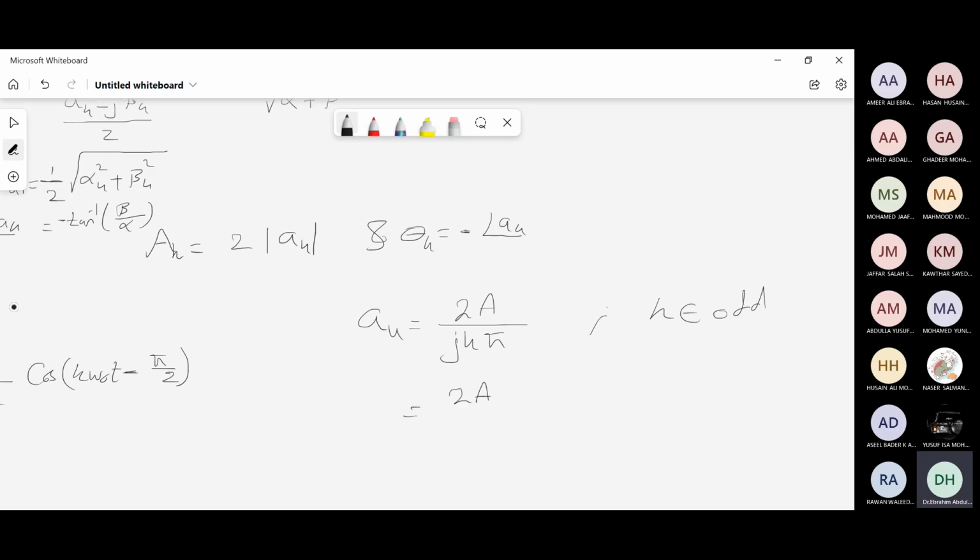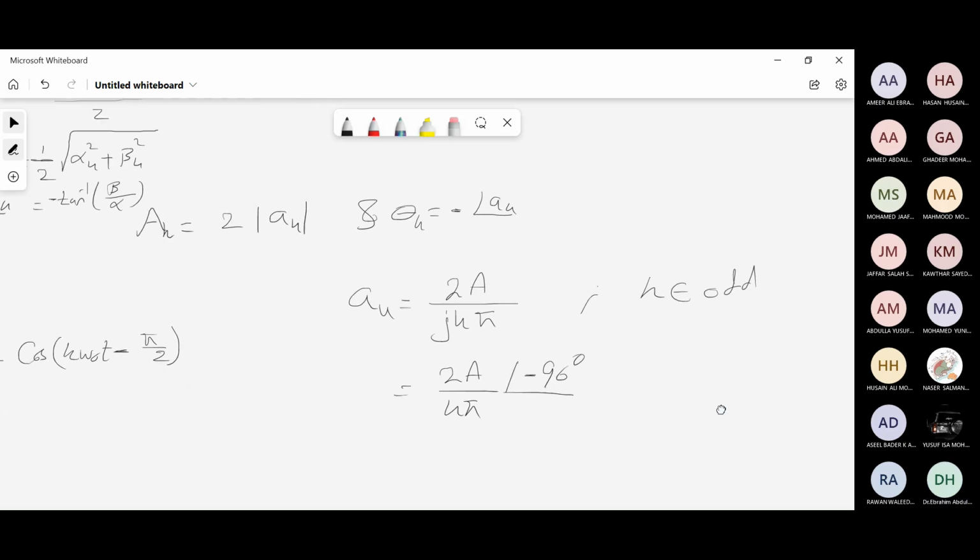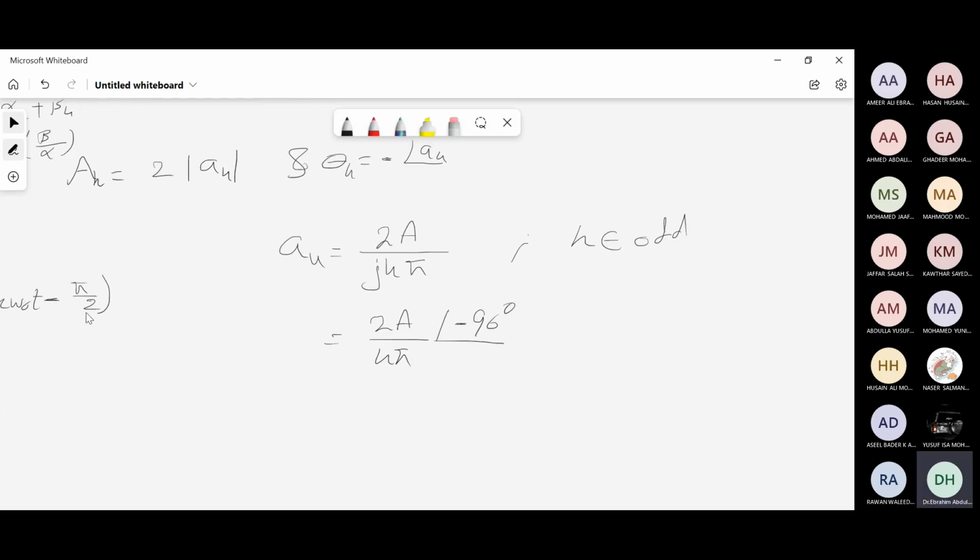Then it is 2A divided by k pi as the magnitude, and since we have j in the denominator, the angle is minus 90 degrees. So A_k capital is equal to 2 multiplied by the magnitude, so it becomes 4A divided by k pi. And theta k is equal to minus the angle of a_k, which is minus minus 90, so it's equal to 90.